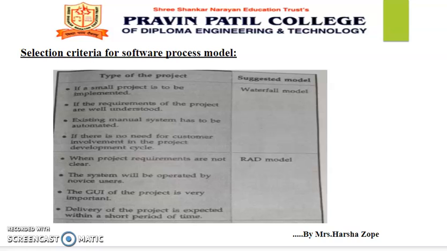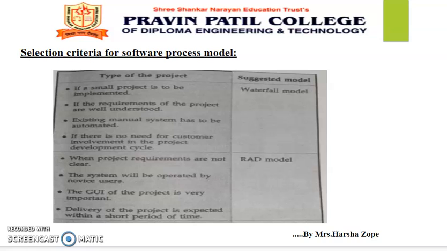The next topic is selection criteria for software process model. Till now we have studied many process models. But what is the use of these process models? A process model is used to develop software.